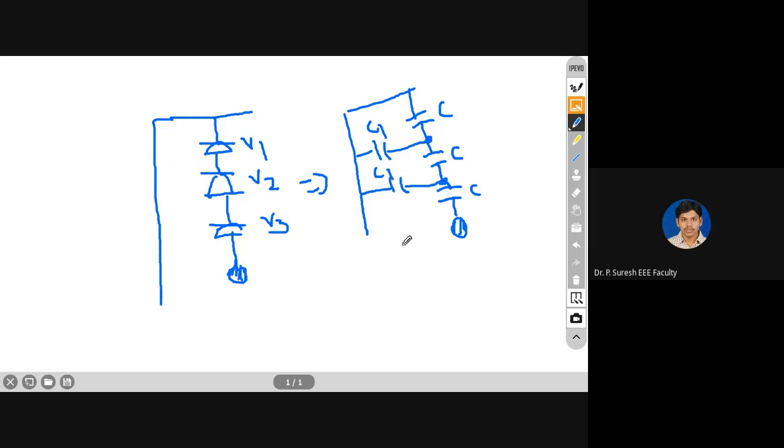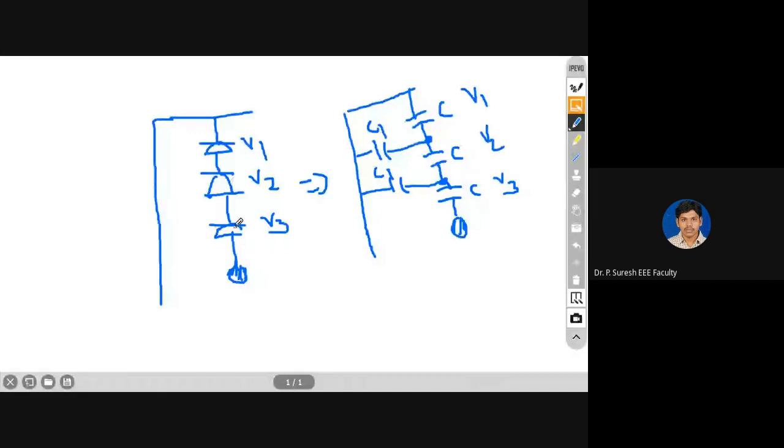Is it visible to all? Yes, sir. All of you know these formulas; I am just recalling them here. What is C1 called? C1 is called earth capacitance, or shunt capacitance. C is called series capacitance.